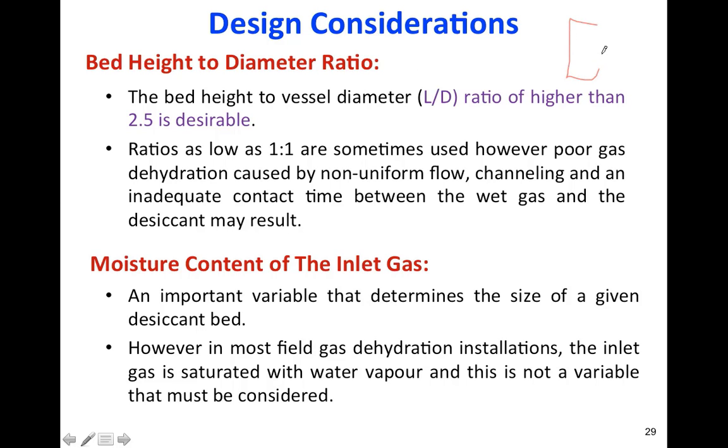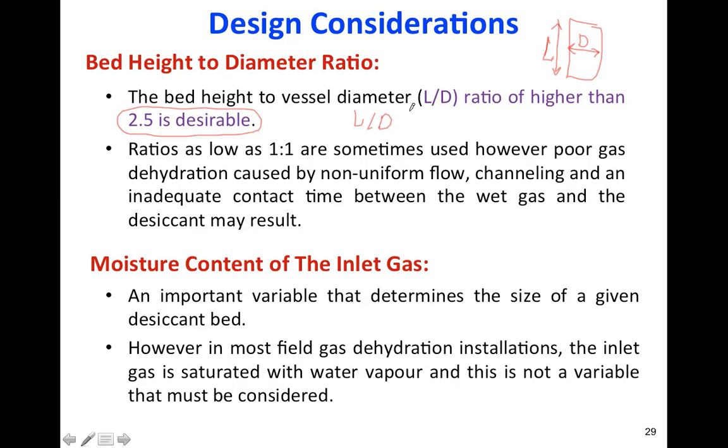For the column we have diameter, and we have height, which we show with L. The L to D ratio, the ratio of height to diameter, is also an important parameter, and more than 2.5 is desirable.